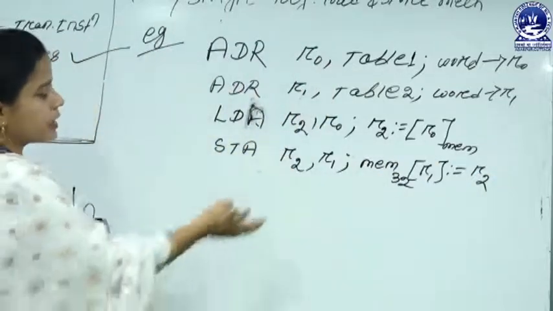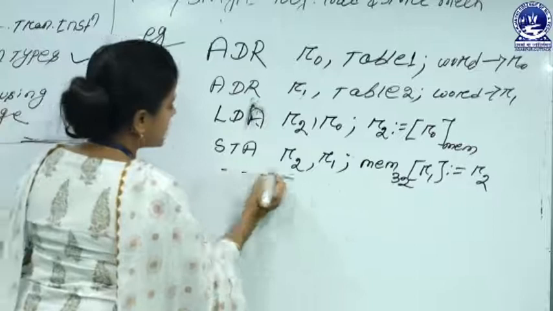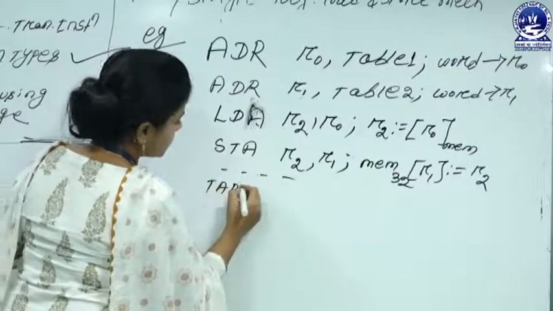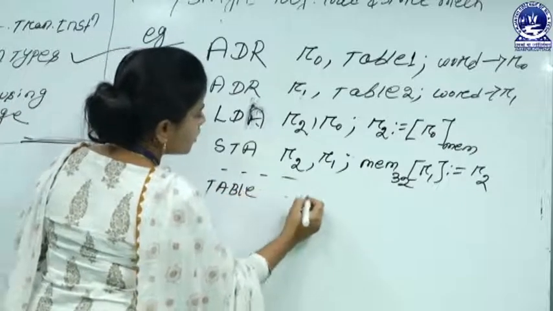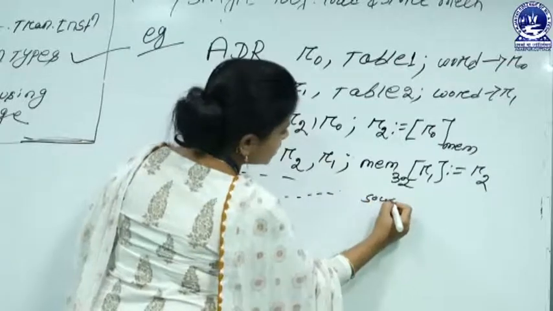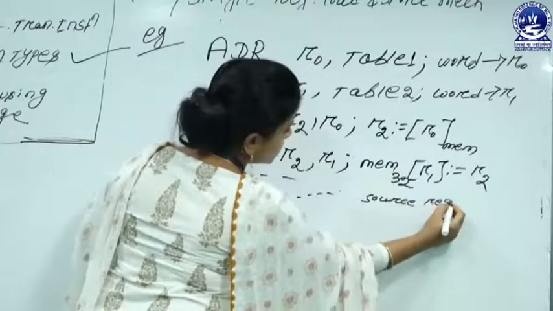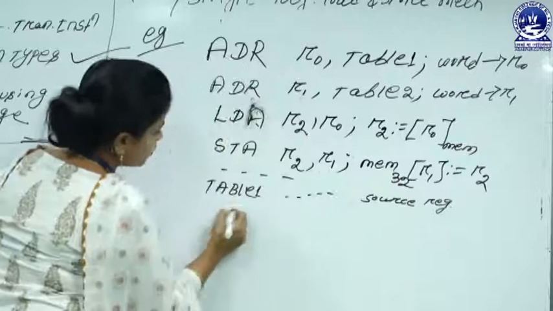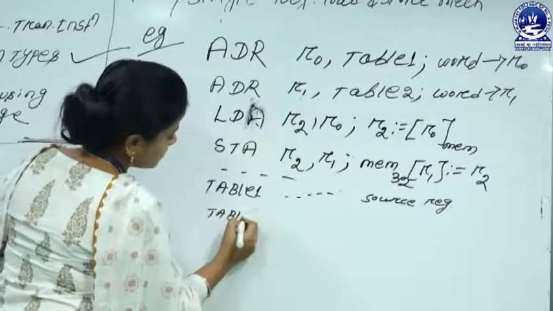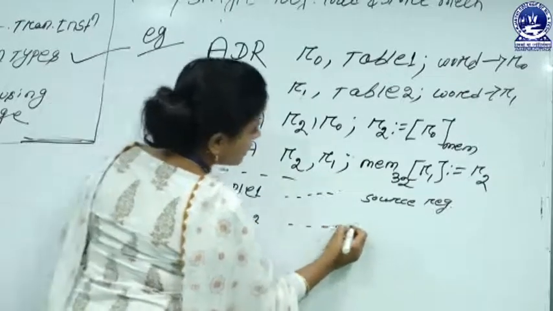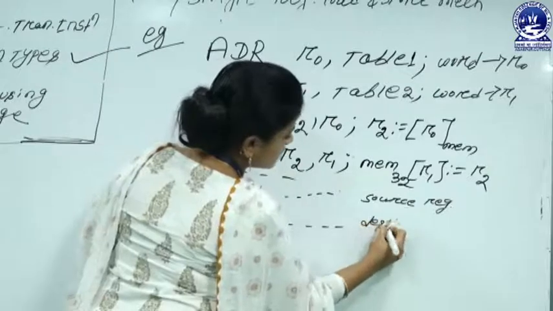So here table 1 we assign as the source registers and table 2 is assigned as the destination locations.